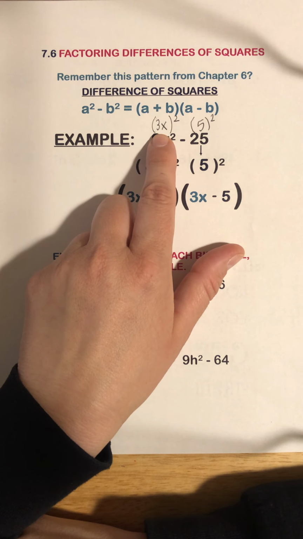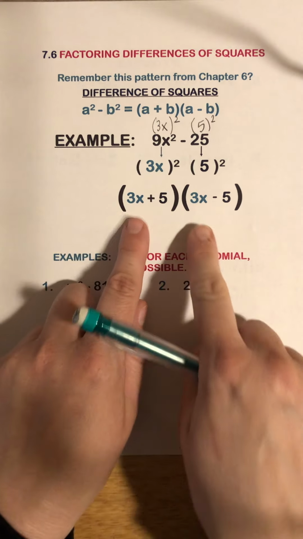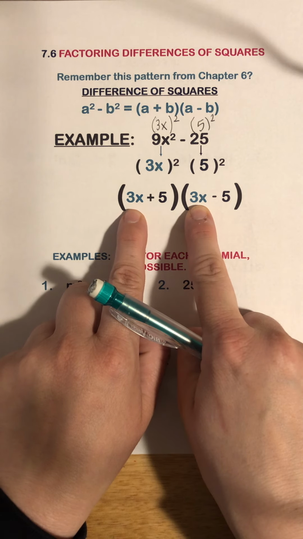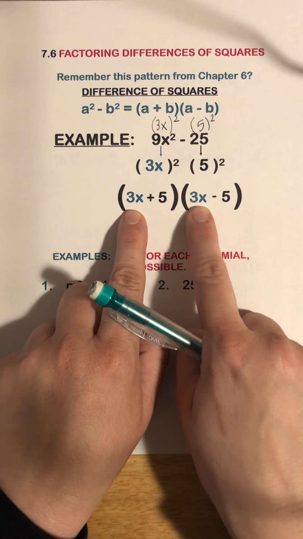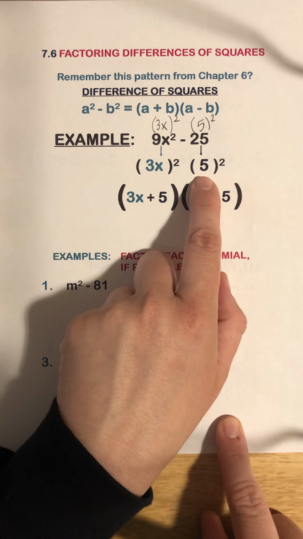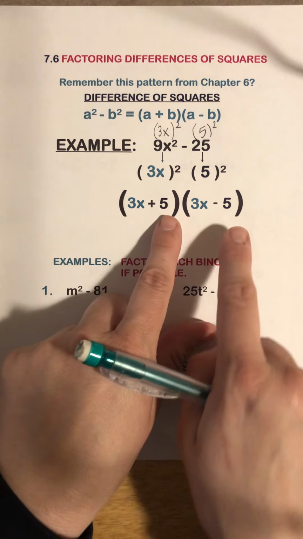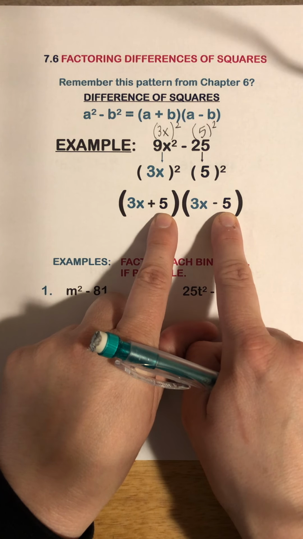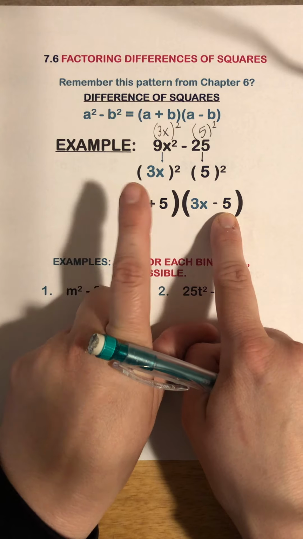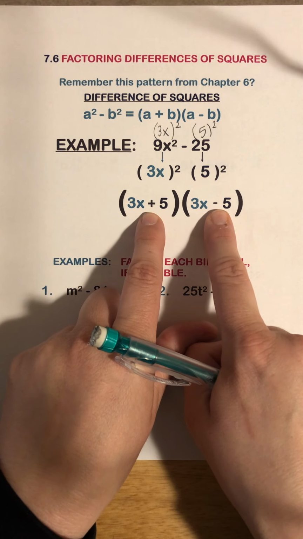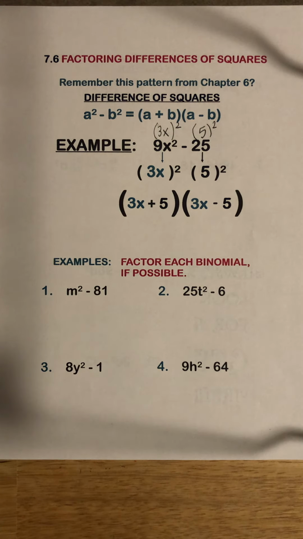So the 3x, because it came from the first term, is going in the first part of the parentheses. And the 5, because it came from the last term, is going at the end of the parentheses. And again, one of them gets a plus, one of them gets a minus. That is all there is to the difference of squares pattern.